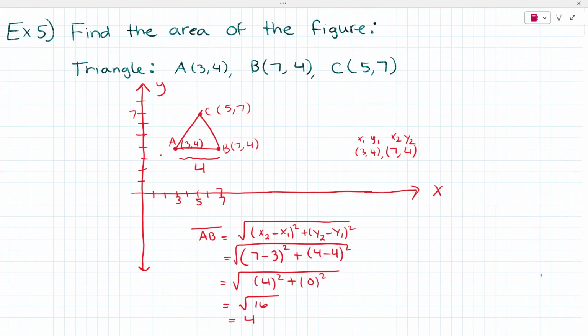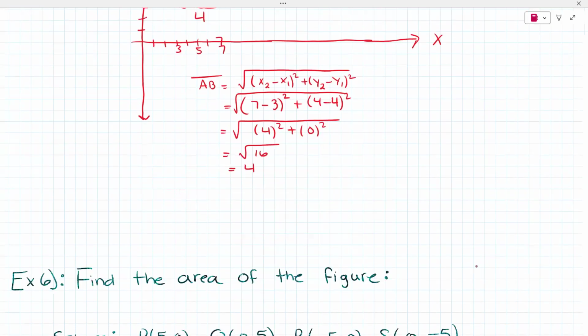From here to this point, how much is the total height? Because these are all simple, it would be a total of 1, 2, 3. So the height is actually 3 units. So there's not too much algebra. The area of that triangle is going to be 1/2 base, which is 4, times the height, which is 3, so 6 units squared.